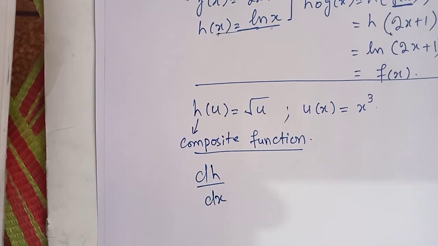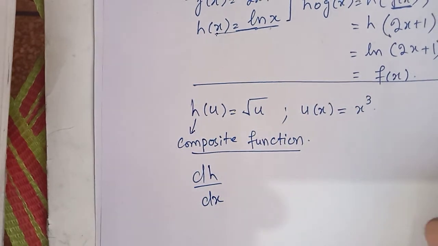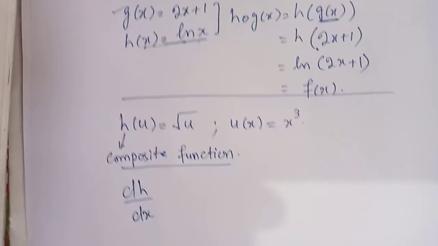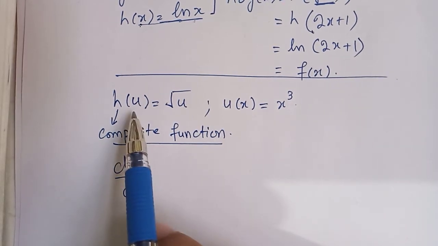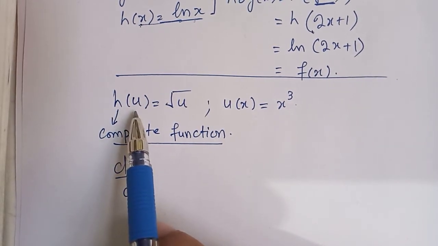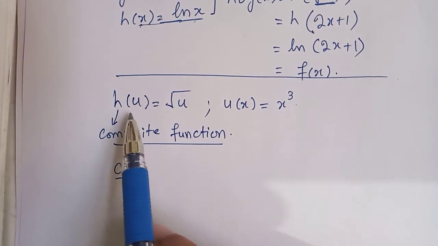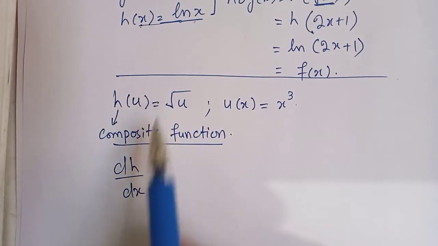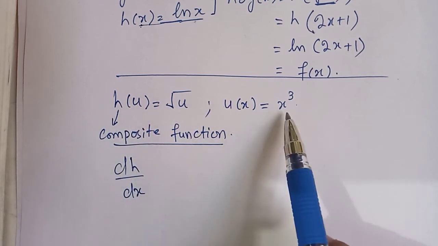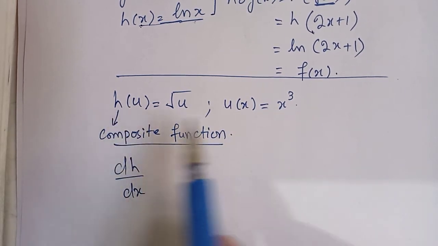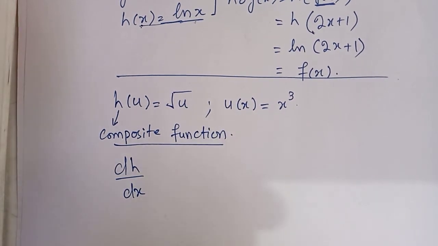Remember, whenever you perform differentiation, the function will be differentiated with respect to its independent variable. In this case the independent variable of the function is u, and you are differentiating it with respect to x. It doesn't mean that this function will be considered a constant with respect to x, because u is dependent on x. So h is also dependent on x, because h depends on u and u depends on x.